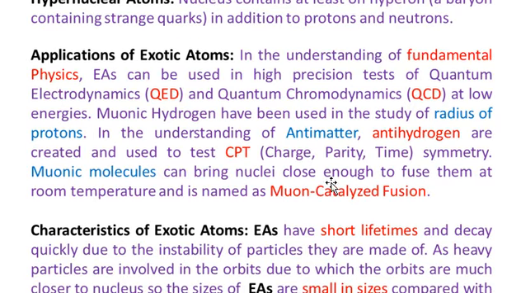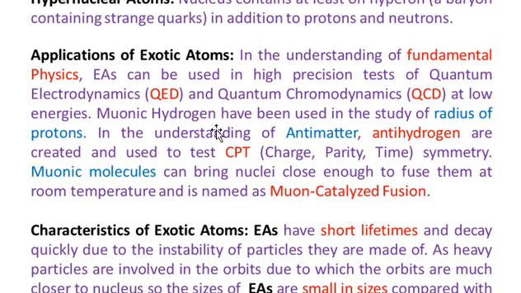So what are the possible applications of the exotic atoms? Though the applications of the exotic atoms are numerous, I am just going through briefly the main applications. In the understanding of fundamental physics, exotic atoms can be used in high precision tests of quantum electrodynamics and quantum chromodynamics, especially at low energies.